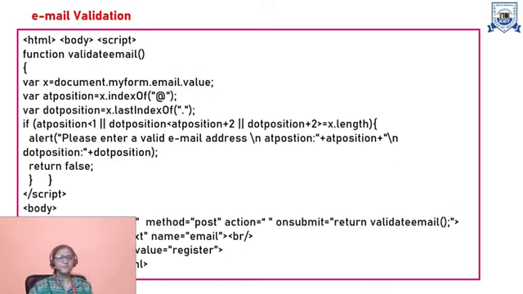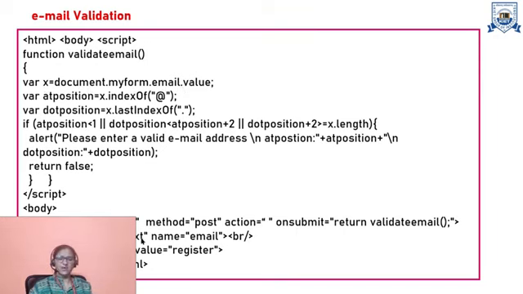Okay, there are certain conditions for the at-the-rate symbol and the dot symbol. The main program for email validation is here. This is just a form, and on submit it will call validate email, so email validate will be called, with document.myform.email.value.